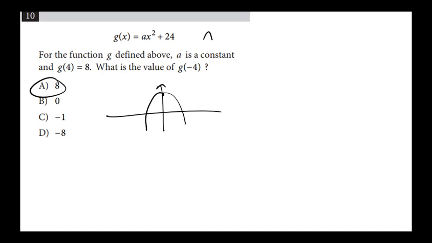And it's symmetric about the turning point. So if you have x is 4 and you know the y value, it's also going to be the same y value for x is minus 4. So minus 4, 8 is going to be the same as 4, 8. So that's a different way of doing it.